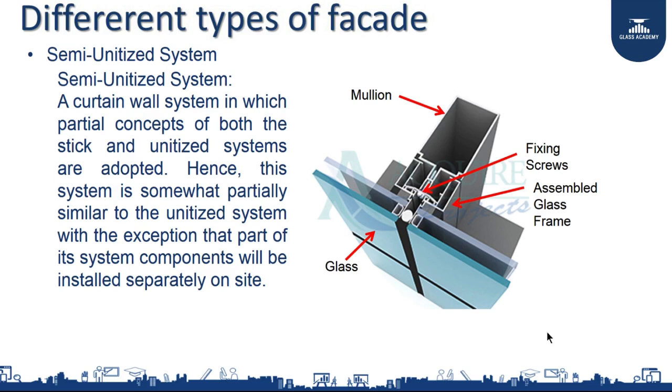But people understood that for small offices, shopping malls, or airports, they can use a semi-unitized system where you don't have a lot of movement, or of the factors we discussed before, like thermal expansion. With those limited factors, you can use a semi-unitized system.